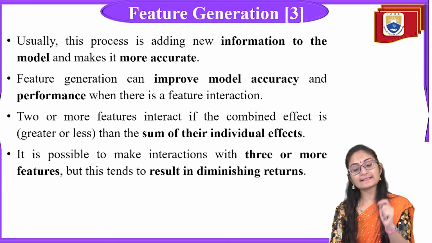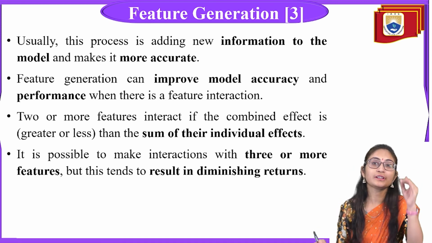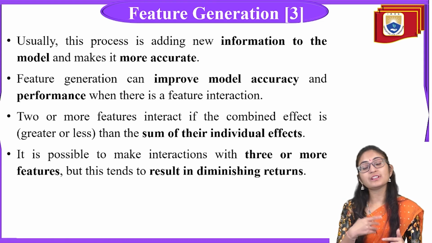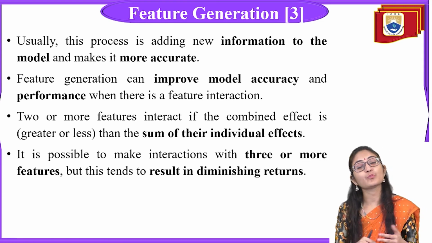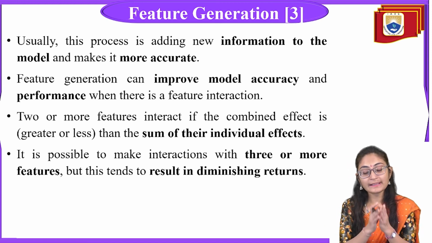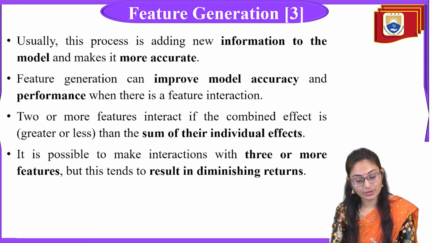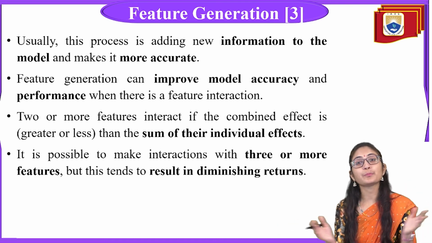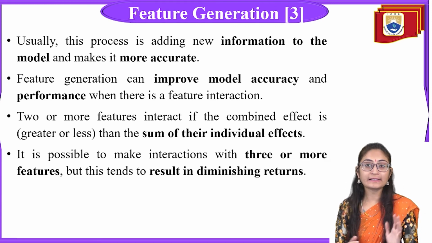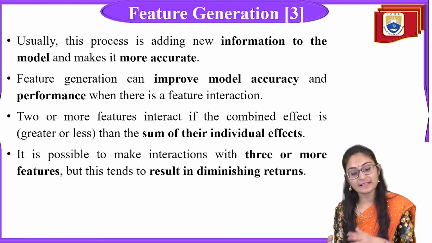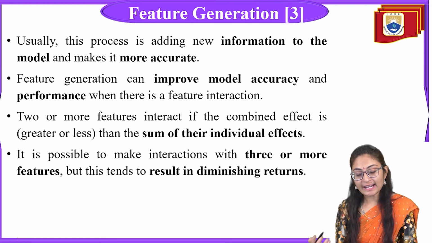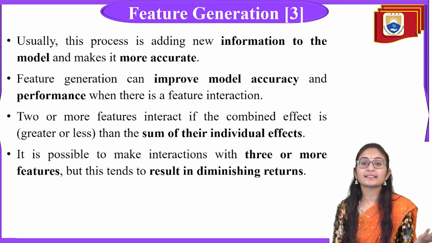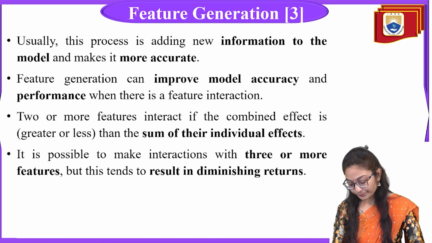This process adds new information into your model, making it more accurate, and it will improve your model accuracy and performance when there is interaction between the features. Two or more features can interact to combine the data, and then you can get the sum of individual effects. It is possible to have interaction with three or more features, and sometimes the result can diminish the output.